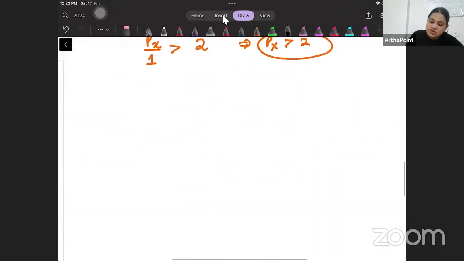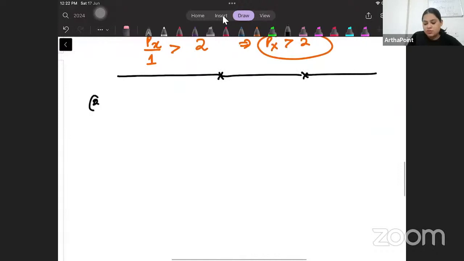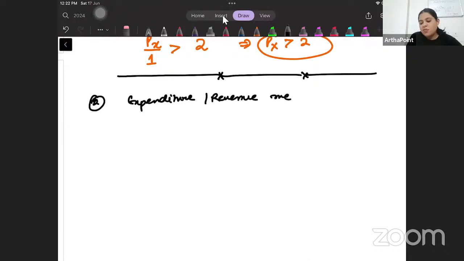So beta, this is your expenditure or revenue method. Very commonly asked in multiple exams, not only in IIT, but in CUET also, in IGIDR also, multiple GATE also. This expenditure or revenue method is asked a lot of times.